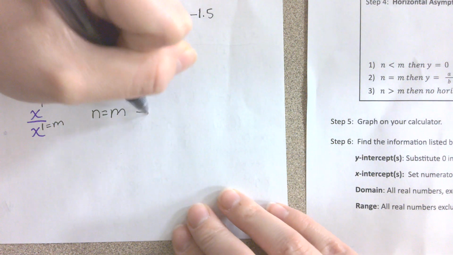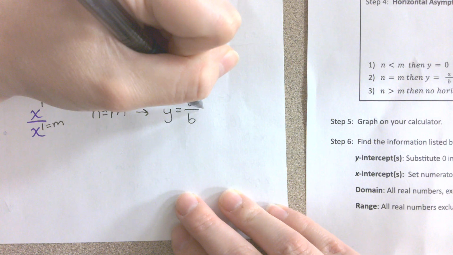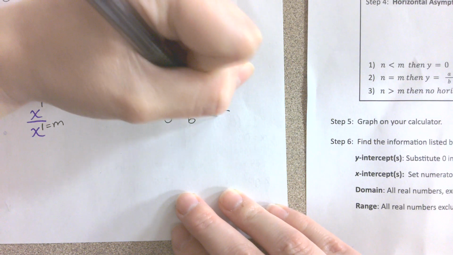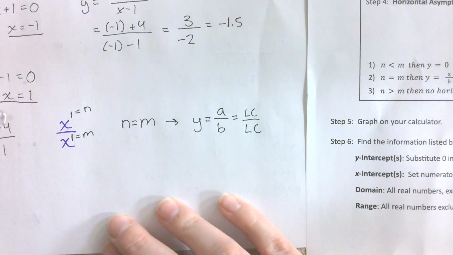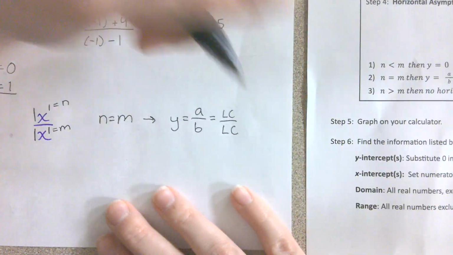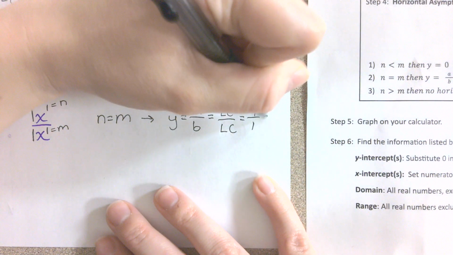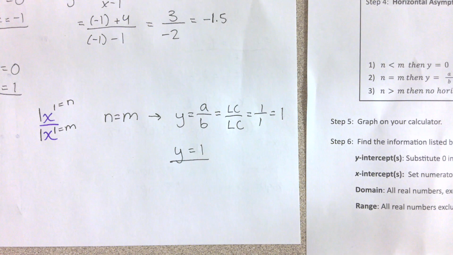So, because we have n equals m, we have y equals a over b, which is just the leading coefficient over the leading coefficient. So going back over here, the leading coefficients are both 1, because that's what's in front of those x's. So it's just 1 over 1, which is 1. Our horizontal asymptote is y equals 1.